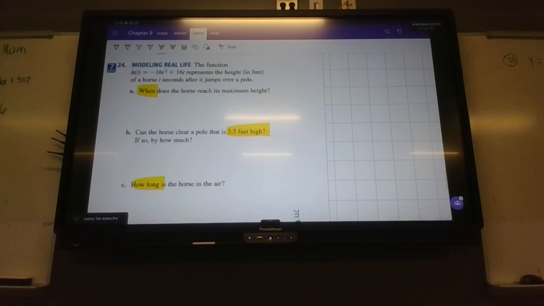Okay, which way? You tell me. Okay. I don't know what we're doing.